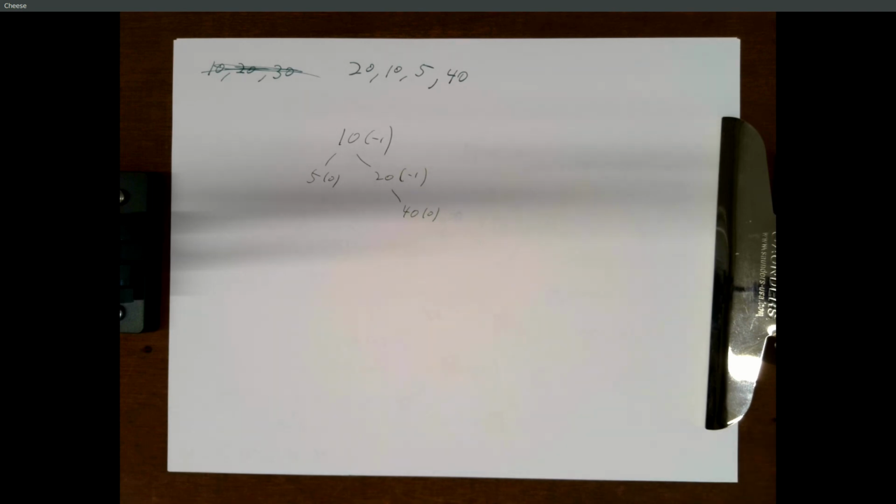Yeah, so negative 1 is... Left minus right, 0 minus negative 1 is 0. Alright, and then go ahead and put in a 60.